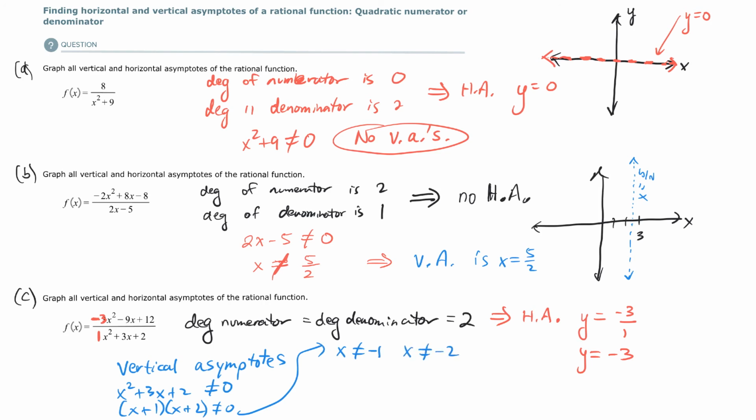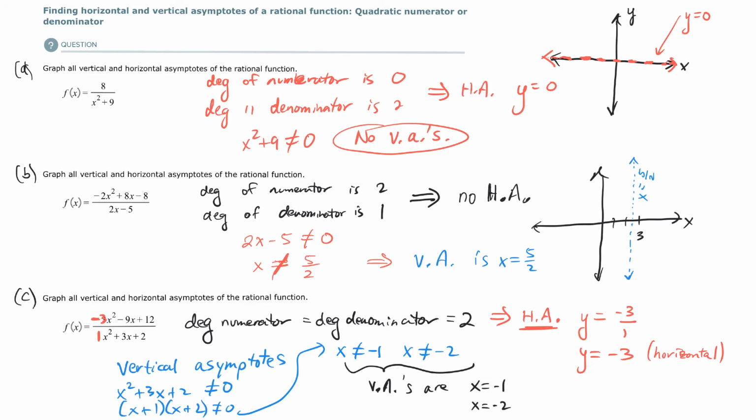Together, that yields 2 vertical asymptotes. The 2 vertical asymptotes are x equals negative 1 and x equals negative 2. I'll leave it up to you to graph those. Remember, this one is horizontal. Well, shoot, they're already labeled. They have HA here. So you guys will draw those yourselves.